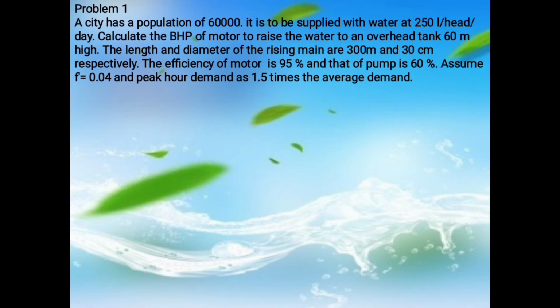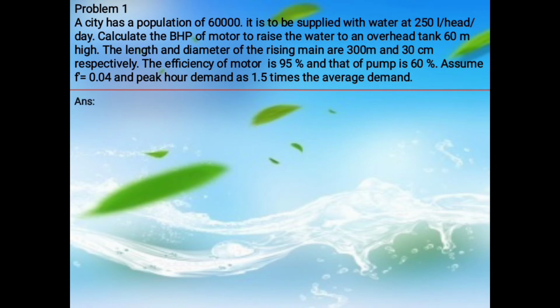The efficiency of motor is 95% and that of the pump is 60%. Assume F equal to 0.04 and F dash equal to 0.04 and peak hour demand as 1.5 times the average demand.